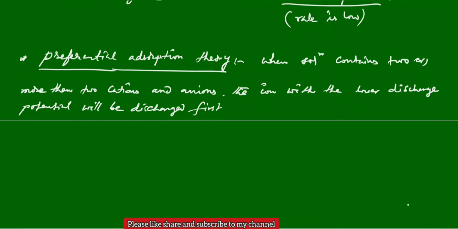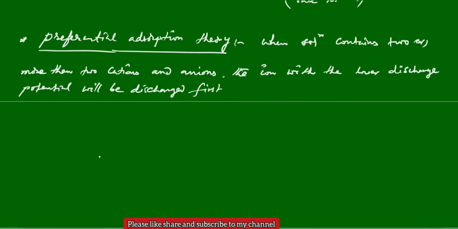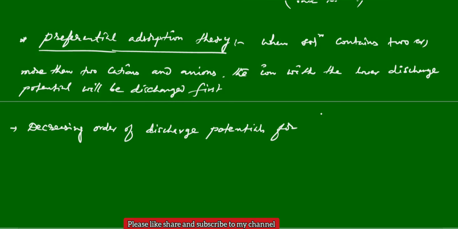So according to this, the decreasing order of discharge potential for various cations is like this. Among all, lithium has the most reduction potential value, meaning discharge potential value.